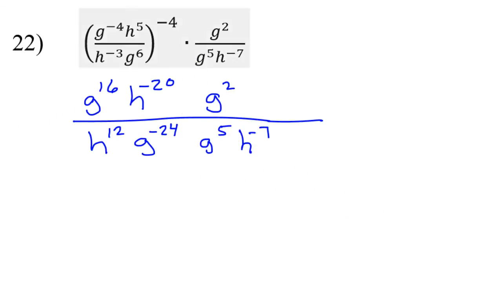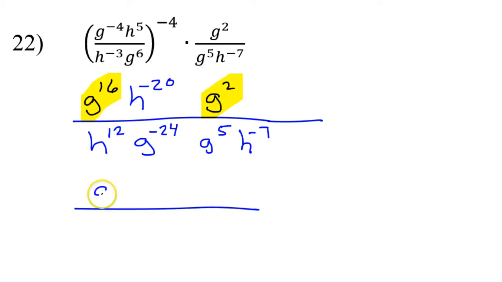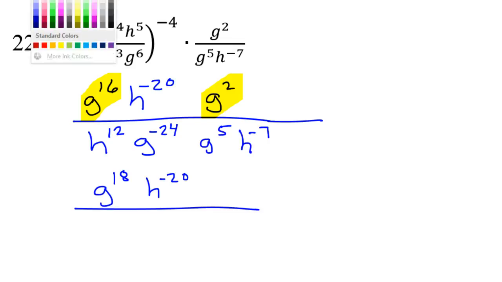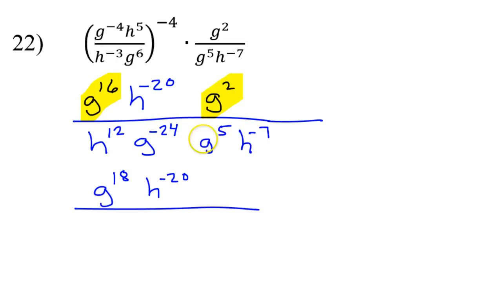Now it's time to put together anything that has the same base. So, for example, these go together. So when I recopy this, adding these exponents, I'm going to have g to the 18th power, h to the negative 20th. Okay, now looking at the denominator, all right, let's see. I've got these g's right here are going to go together.